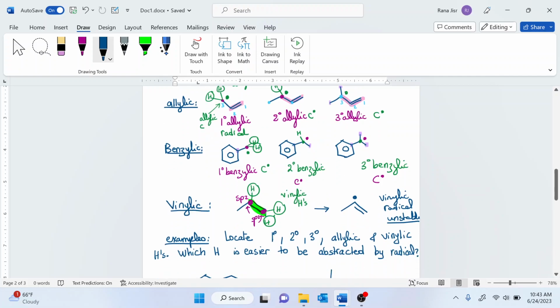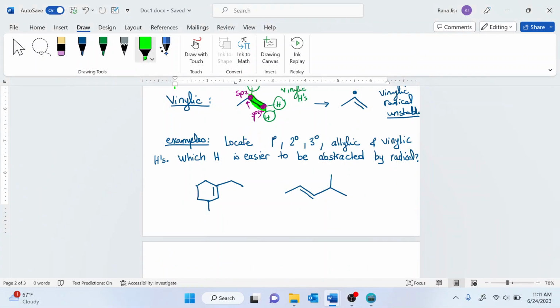On the other hand, vinylic radicals, these are unstable radicals, and the reason why they are unstable is because the bond between the sp2 hybrid carbon and the hydrogen is a stronger bond, so it's harder to break. So if you break that bond and you generate a less stable radical, this means that this radical does not form, and this means that the bond that it came from is a strong bond.